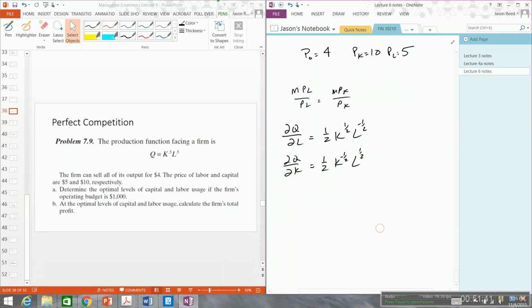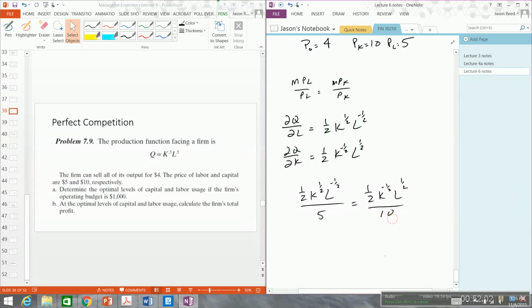And so we're going to set these equal to each other with our prices respectively, so that we have 1/2 K to the 1/2 L to the minus 1/2 over 5 equal to 1/2 K to the minus 1/2 L to the 1/2 divided by 10.